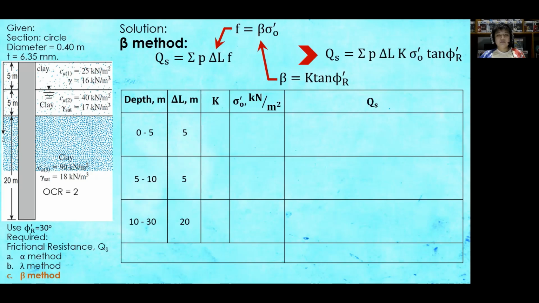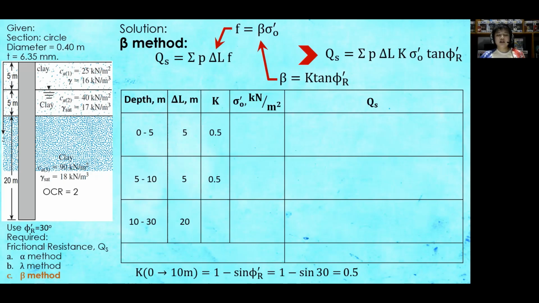So determine next and assign K per layer. For this example, the first 10 meters is normally consolidated clay. Therefore, K from 0 to 10 meters is equal to 1 minus sine of phi prime sub r, that is equal to 30 degrees. Therefore, K is 0.5. So assign to the 0 to 5 and 5 to 10 meters segments.